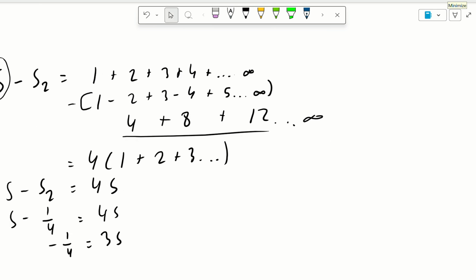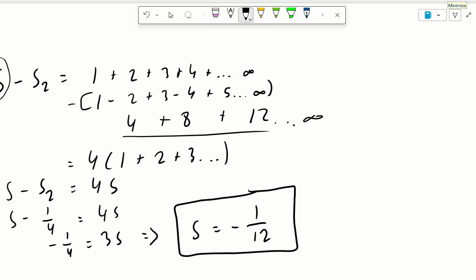Now you can already see where this is going. If you divide both sides by 3, S is negative 1 over 12. So the sum of every natural number, or every positive integer, is negative 1 over 12. Amazing.